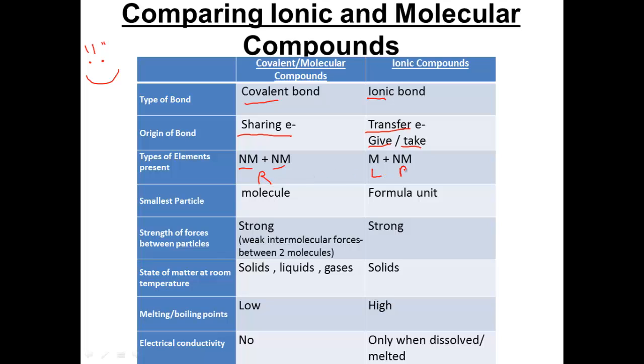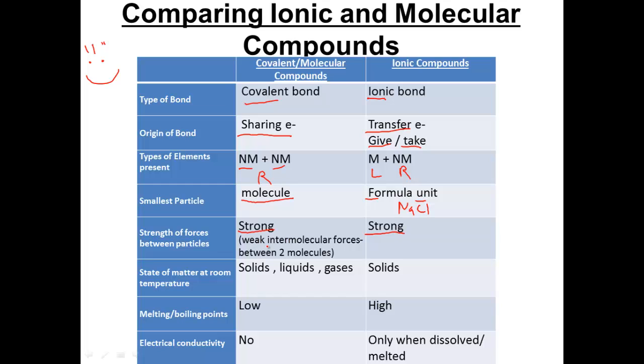Metal, nonmetal, a left and right-hand side of the periodic table on that stair-step line. Smallest particle, if you just have one, is known as a molecule. If you just have one ionic compound, like one crystal of NaCl, it's known as a formula unit. Strength of forces, both of them are strong.